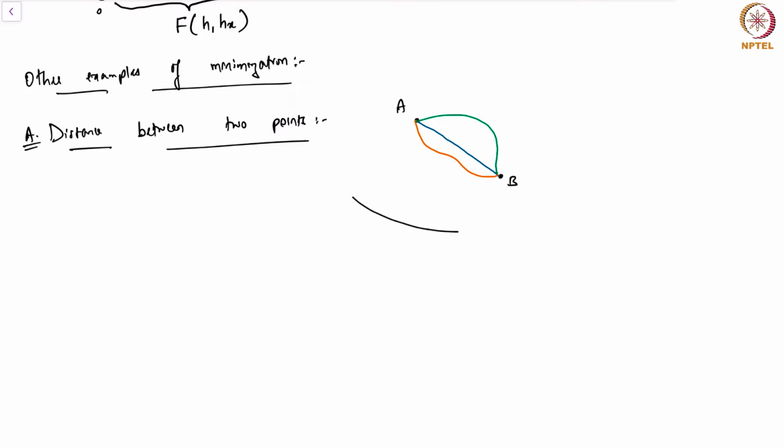So I have an arbitrary arc, and along this arbitrary arc I will take 2 points here, and these 2 points, if I say the distance between the 2 points is dx, if the horizontal and the vertical distances are dx and dy and the arc length coordinate is ds, then we clearly know that ds is square root of dx square plus dy square, and this is dx times square root of 1 plus dy by dx whole square.